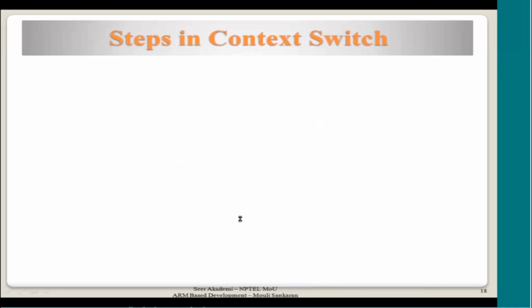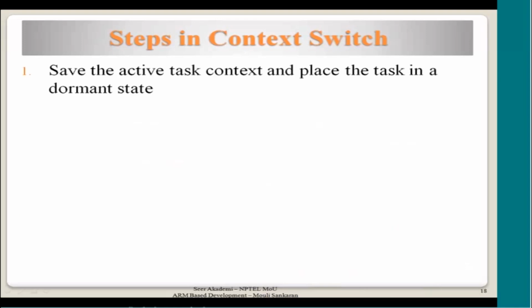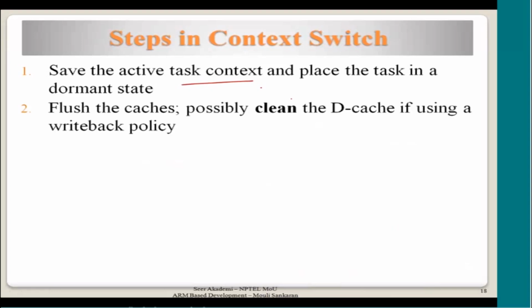Now what are the steps in a context switch? Again I will tell you: save the active task context and save the task in a dormant state. Flush the caches, which is very important. That means possibly clean the data cache if using a write-back policy. As I mentioned in the last class, clean is different from flush of a cache.